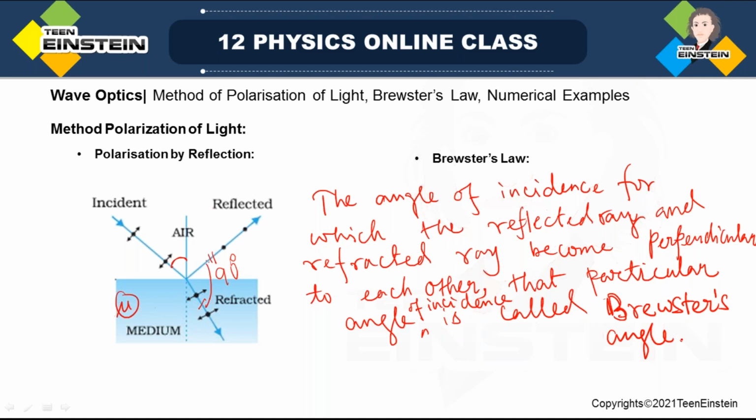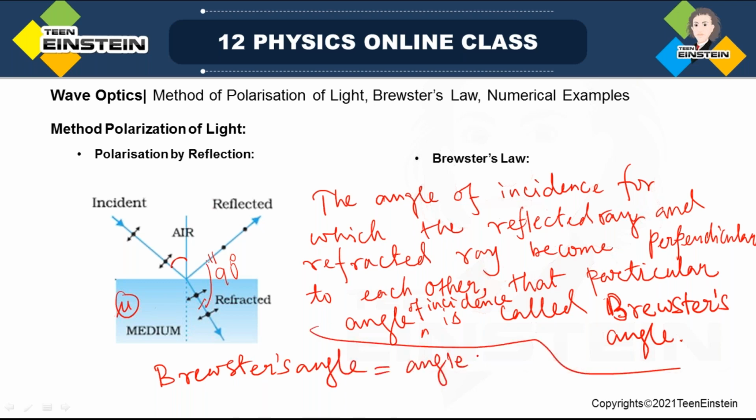Sometimes Brewster's angle is also termed the angle of polarization. The British physicist David Brewster found this relationship.